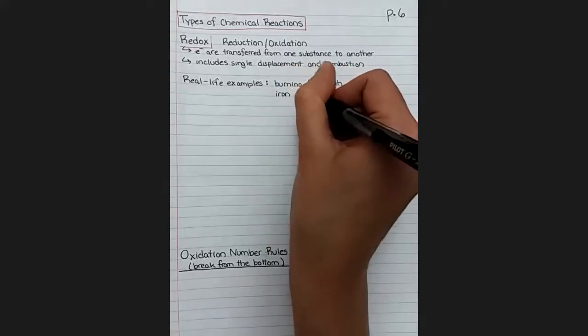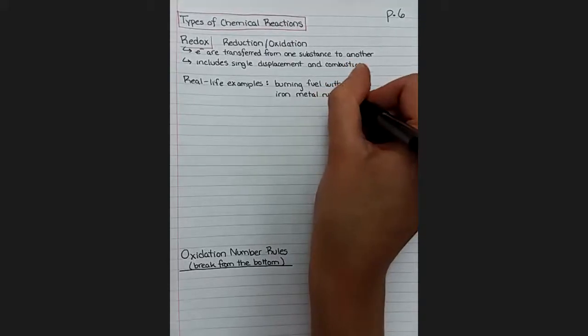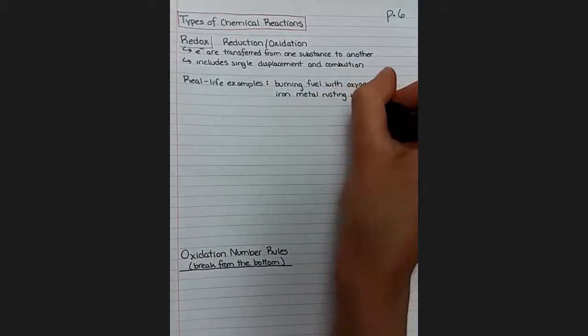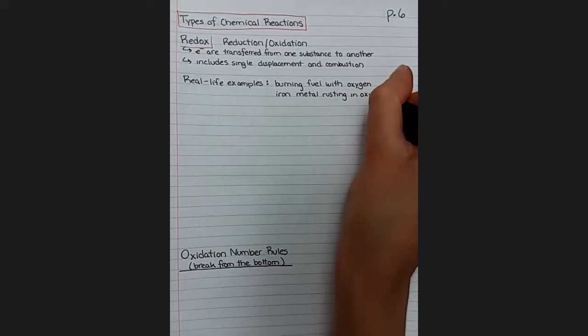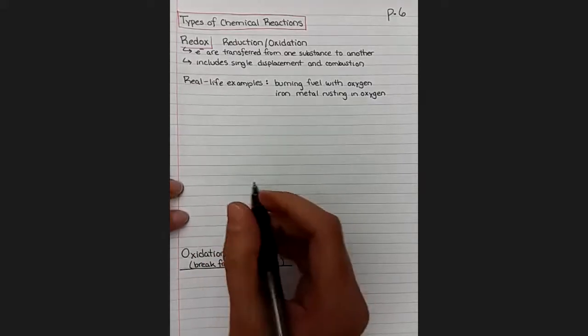And anytime you see something rusting, like iron metal that makes up a building or your bicycle frame or your car, that reaction is a redox reaction with oxygen as well. So these are things that should be familiar.